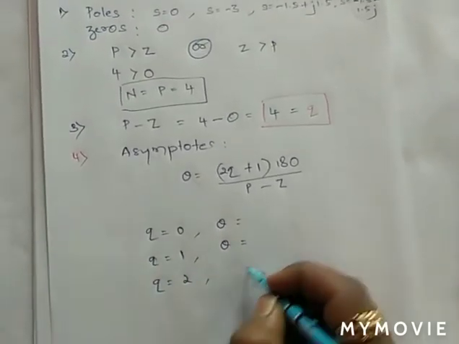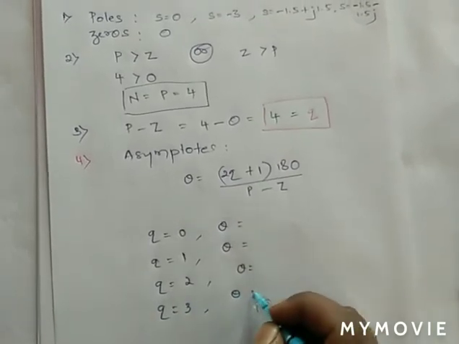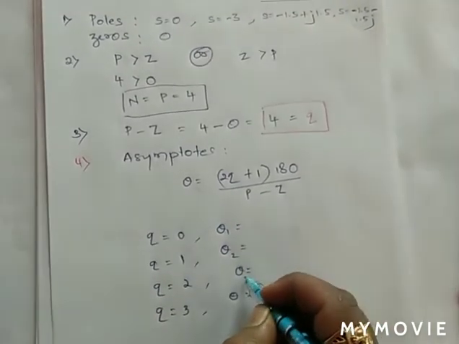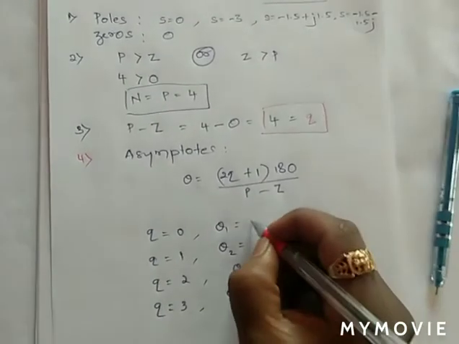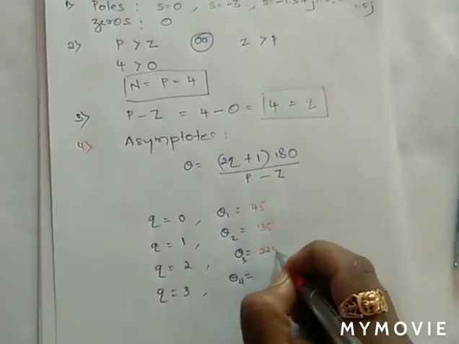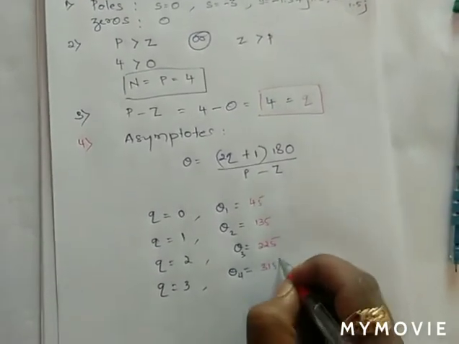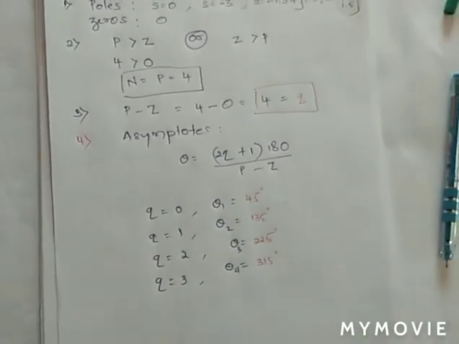Q equals to 2, what is the value of theta? Q equals to 3, what is the value of theta? So this I will mention as theta 1, theta 2, theta 3 and theta 4. So you will get 45, 135, 225, 315. Theta will be in terms of degree.